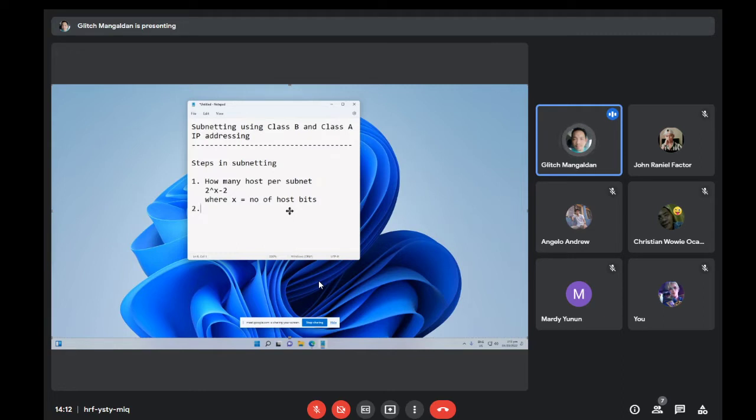So number 2 is how many subnets. Pino-compute natin yun by 2 raised to y minus 2, where y is equal to the number of borrowed bits.